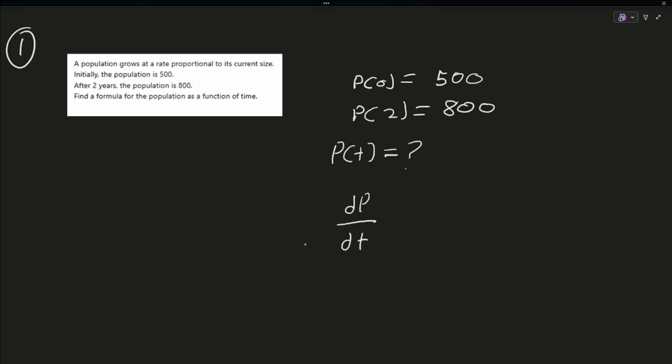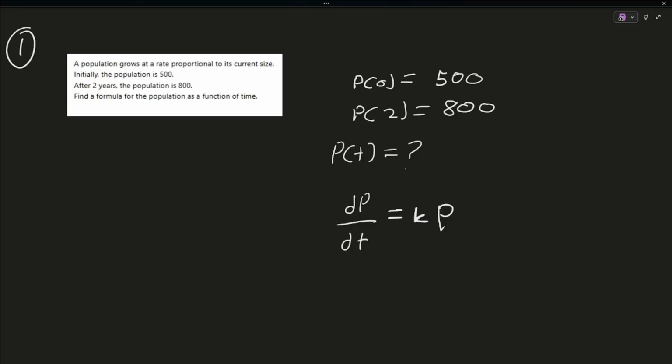This means the slope is positive. Rate proportional to: when you see proportional to, we can interpret this as an equal sign to its current size. So it is proportional. We're going to have a constant here, a k, times its current size, which is P, the function we're using. So this is really basic translation.